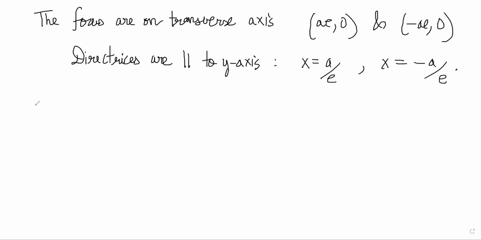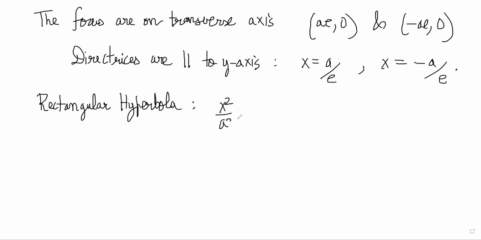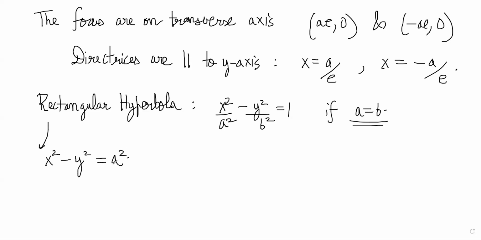There is another special type of hyperbola which we will briefly discuss now, and then later we'll go into much more detail. A rectangular hyperbola is a special case of our general hyperbola x²/a² - y²/b² = 1 if a is equal to b. So the equation of the rectangular hyperbola becomes x² - y² = a².